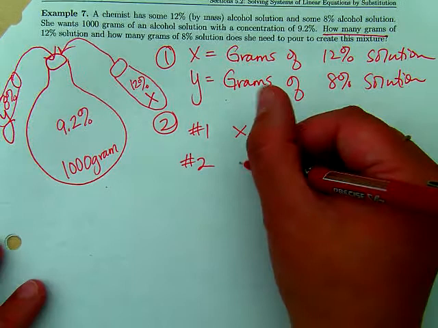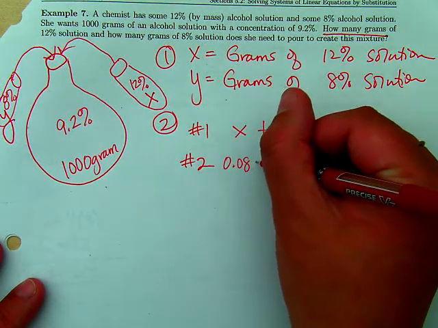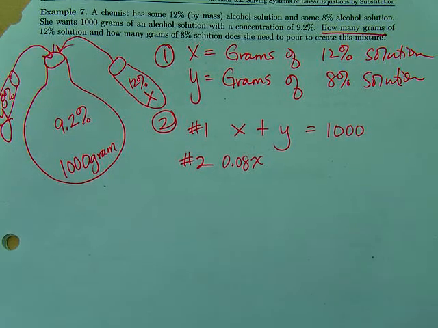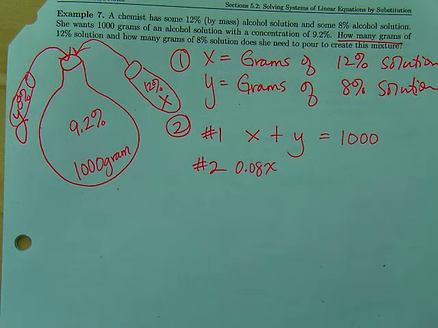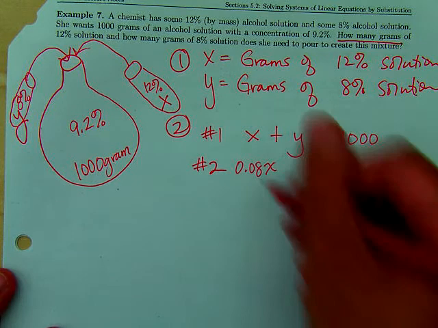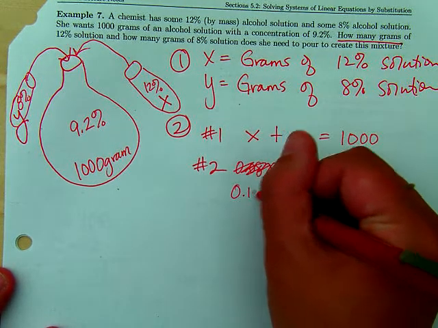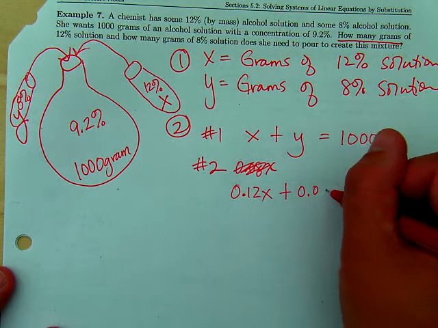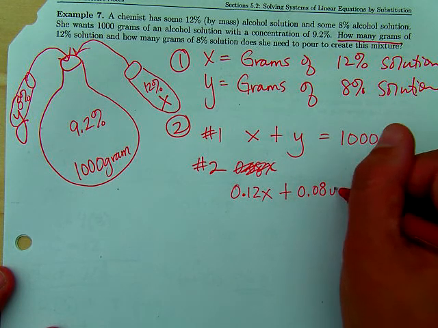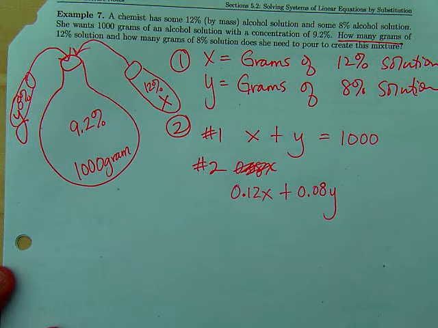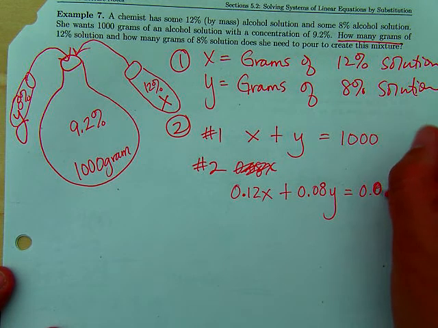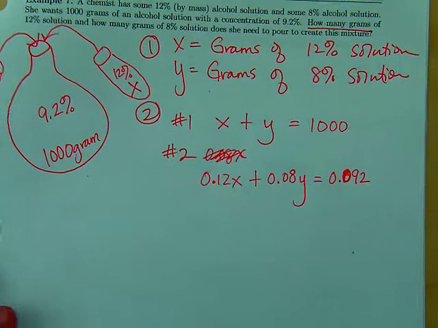Now I'm taking 8%, 0.08 of X is going to tell me how much alcohol is in that solution. Yeah? Oh, I did. Okay, sorry. 0.12x, that's the 12%. And 8% of the alcohol in Y is going to give us, is it just going to give us 9%? 9% of what?